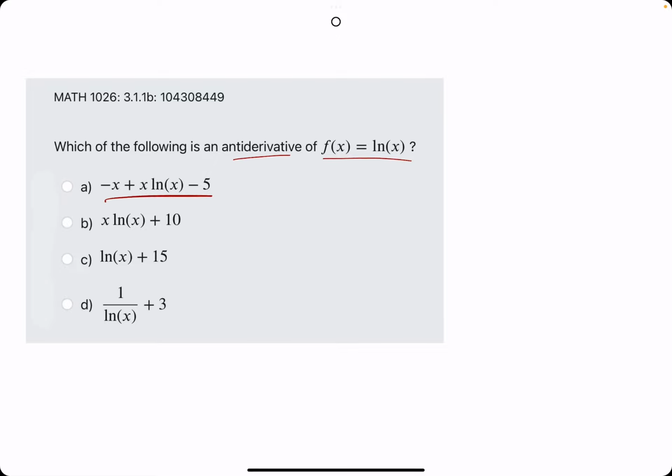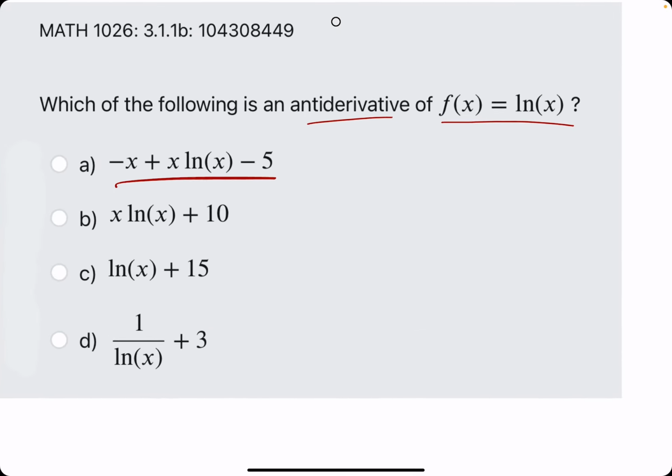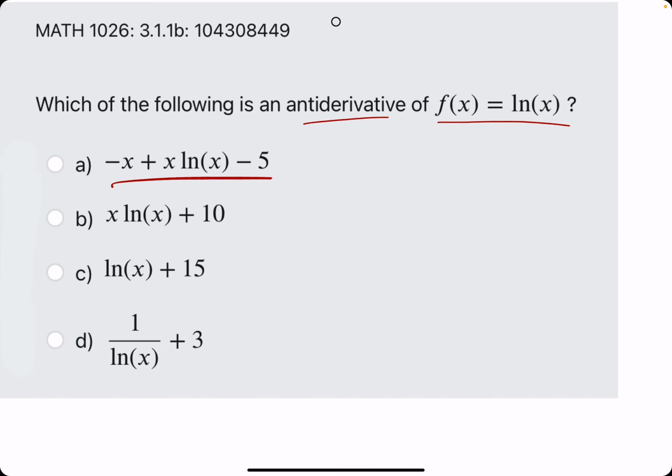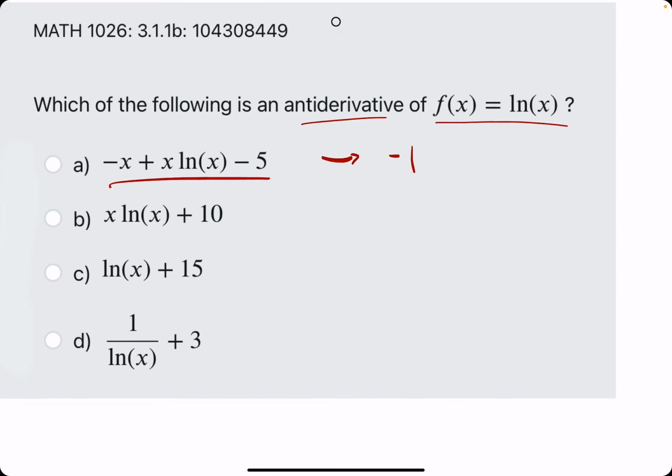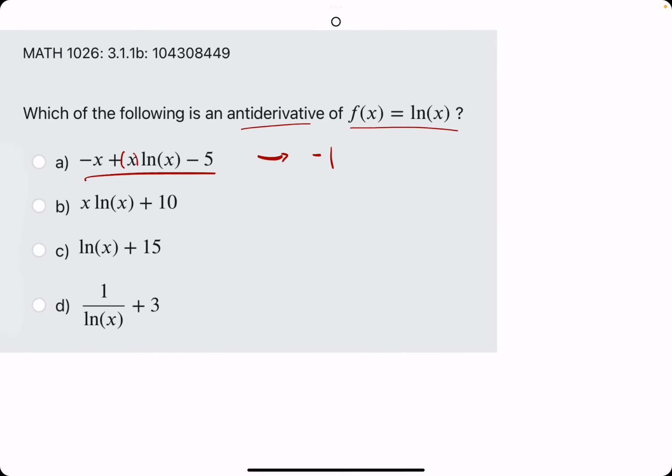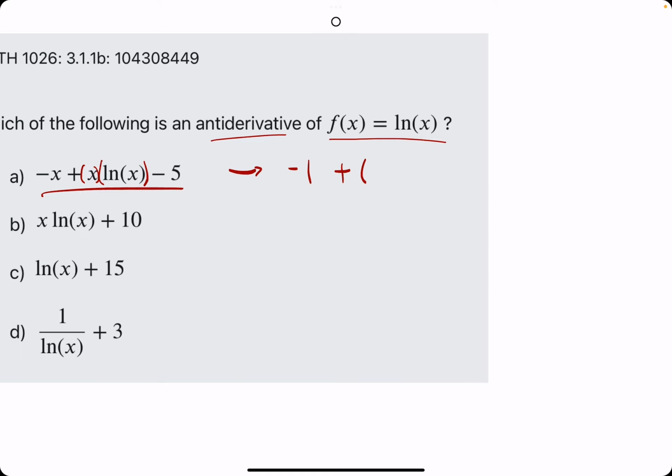We're starting with the derivative of this first one. So the derivative of minus 1x or minus x is just minus 1 or negative 1. And then with x times ln of x, we need to use the product rule. So jumping into the product rule, the first thing we need is f prime. That would be the derivative of f, which is x.